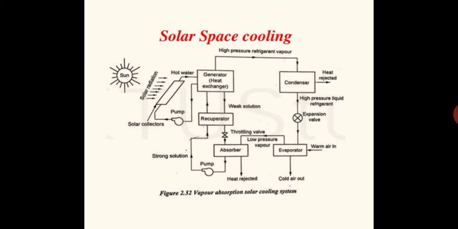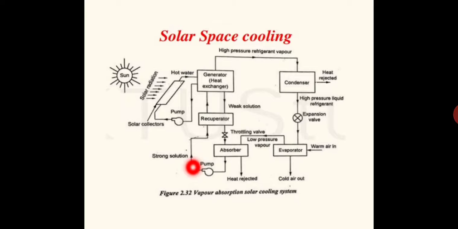So this entire portion will replace the compressor in the vapor compression system. That is what is known as the vapor absorption system. The rest of the parts, that is the condenser, expansion valve or throttling process, and evaporator, all these three components remain as such, the same as in the vapor compression system. Here also it is the same. So the only difference is in the left side part, this part.